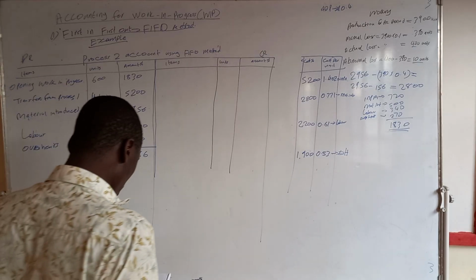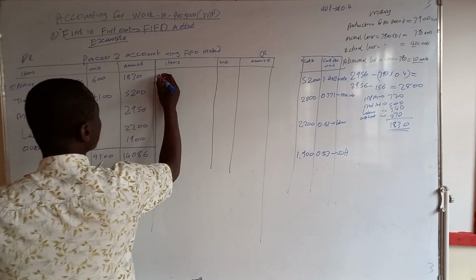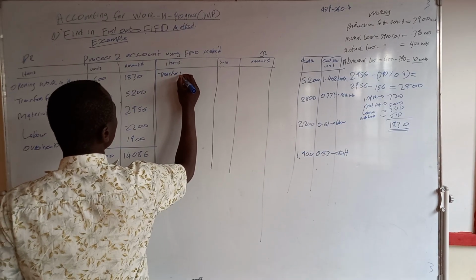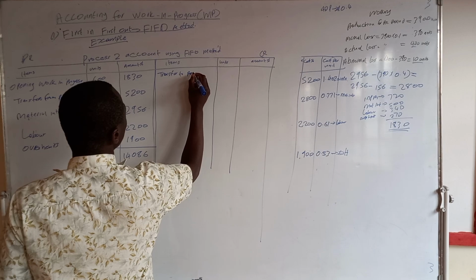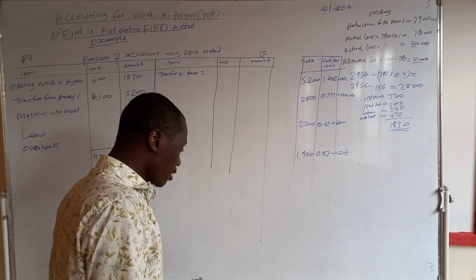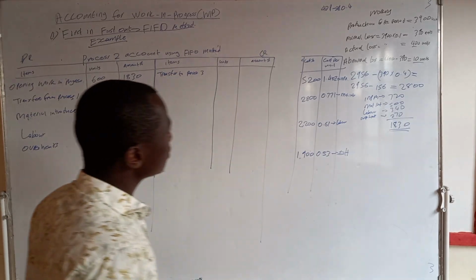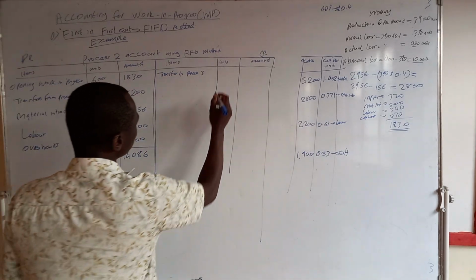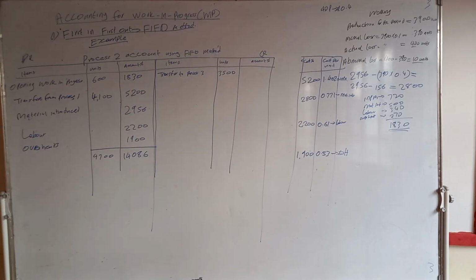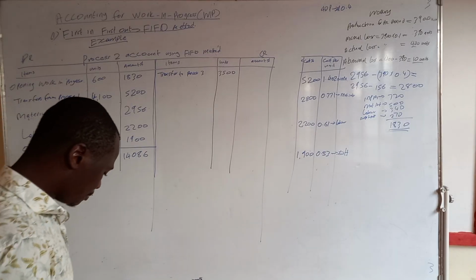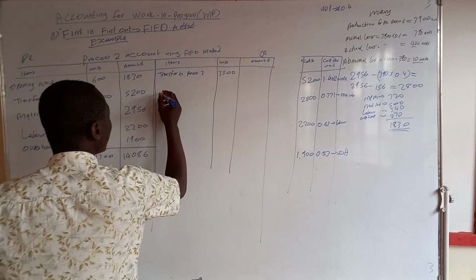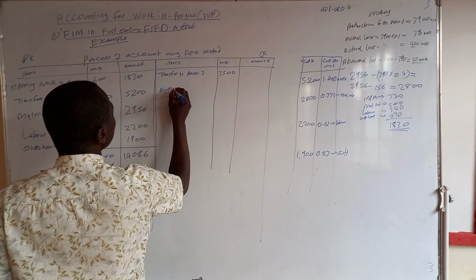Now, transfer to process 3. We were told it is 3,500. But do we know the value? No. We are going to find out what is the value. We have the normal loss.